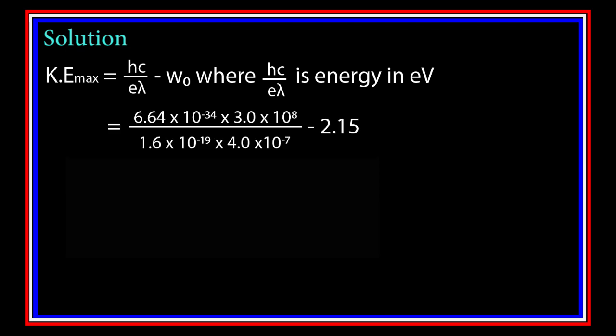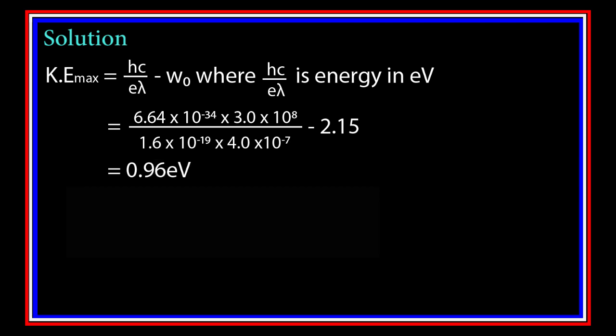This is equal to 6.64 times 10 to the power negative 34 times 3 times 10 to the power 8 over 1.6 times 10 to the power negative 19 times 4.0 times 10 to the power negative 7, minus 2.15.